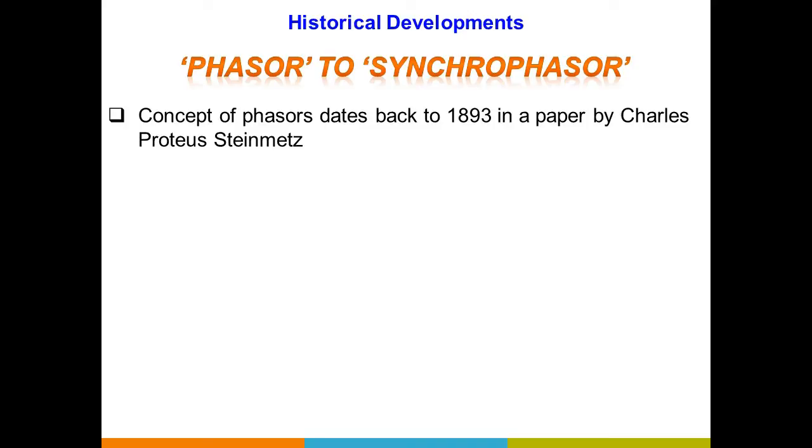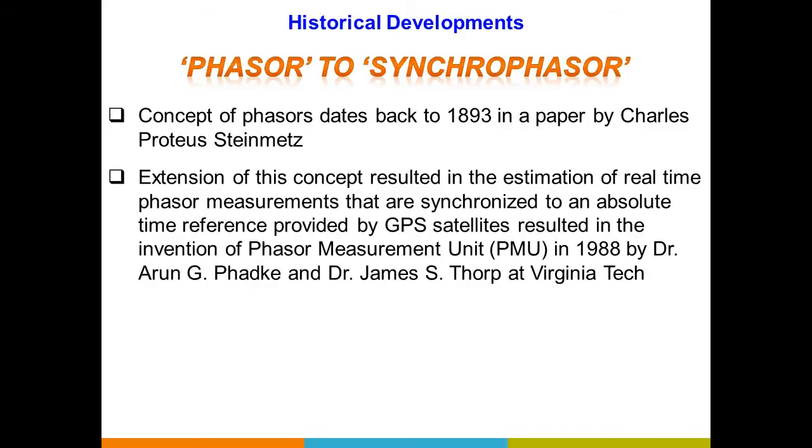It dates back to 1893 when Charles Steinmetz published a paper and talked about the concept of phasors, and he said that any time varying quantity can be represented as a phasor quantity, which means it will have magnitude and an angle.